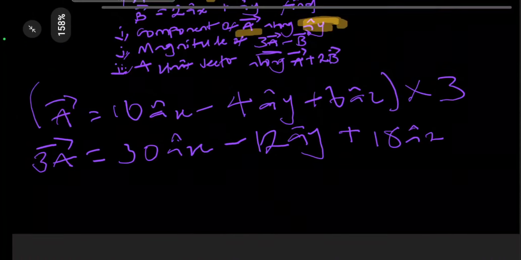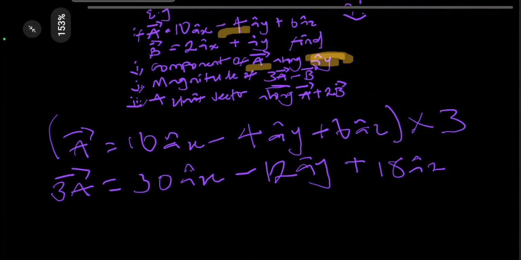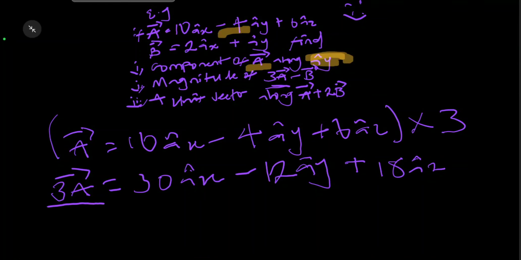So we have this value. I will now subtract vector B from this value. So this is the value of our B here. If we're subtracting, we should have 30 minus, what's the first thing along this axis? We have 2.